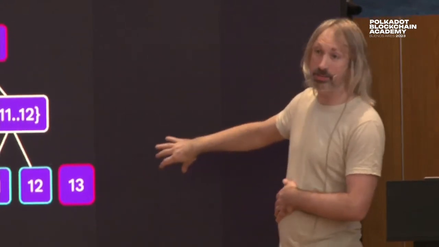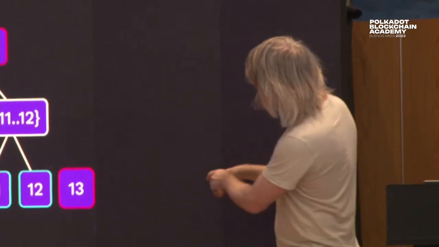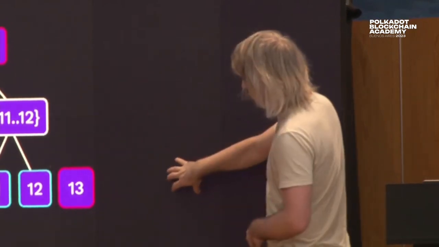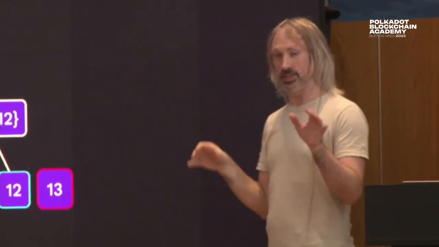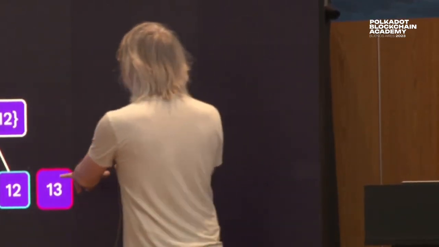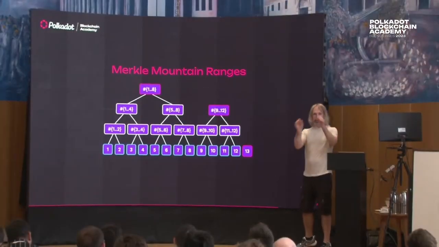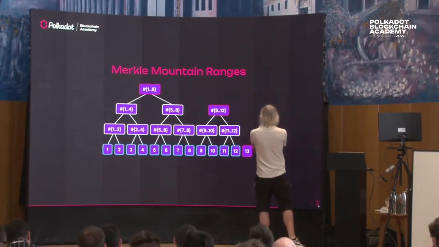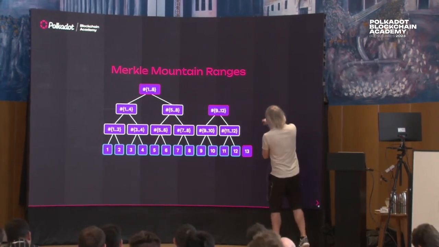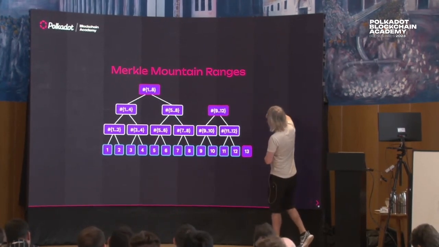And then finally, when we add 16, it will join with 15 to make a tree of 2, but then of course there'll be 2 trees of 2, and one of the rules for Merkle mountain ranges is you're not allowed to have 2 trees of the same order sitting on the end. If you do, then you join them into 1, you make a new root. So these 2 item trees will become a new 4 item tree.